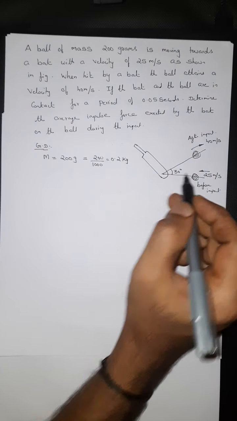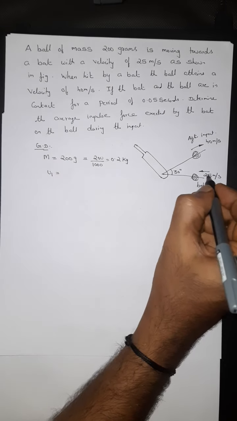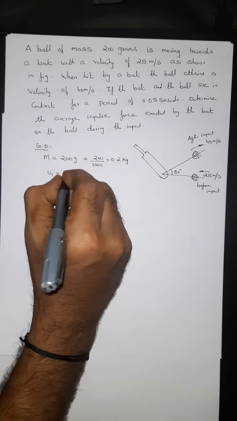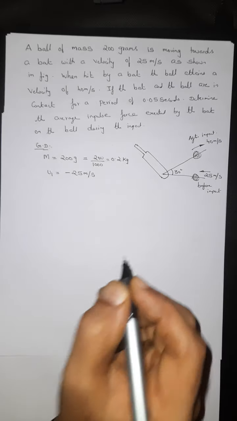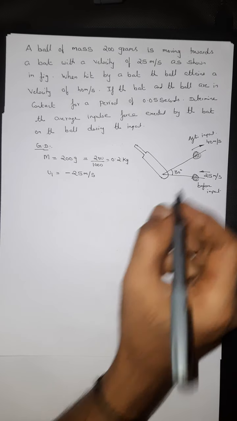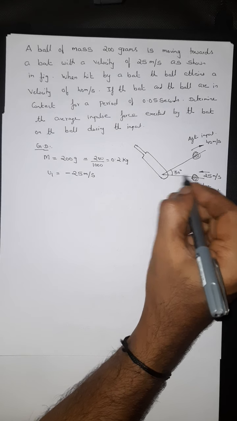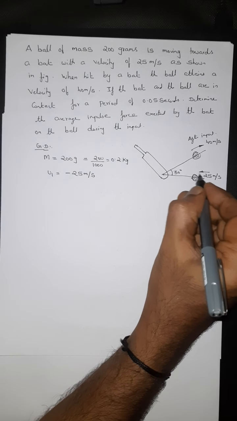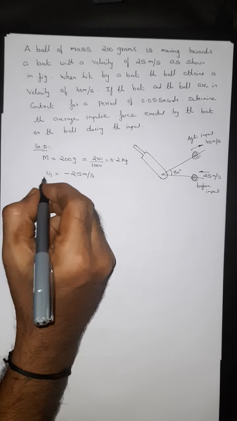So initial velocity is equal to, it's moving in the negative direction, so minus 25 meter per second, right? So this is the negative x direction, therefore it carries a minus value.